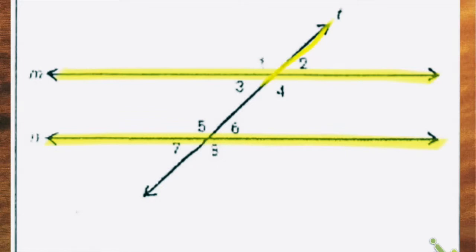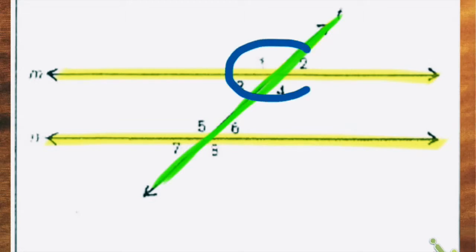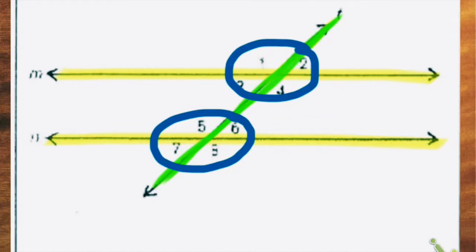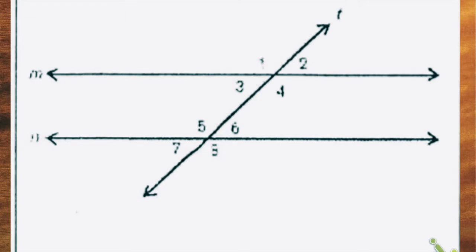And that transversal creates angle pairs, in two sets of angles. Wherever the transversal and the parallel line meet, that gives you two sets of angles.